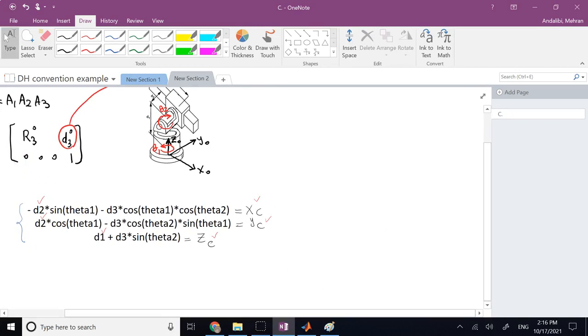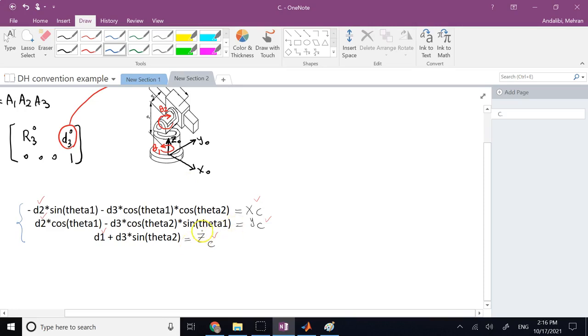But it should not be impossible to solve here. Remember, I'm not doing the exact geometry thing.